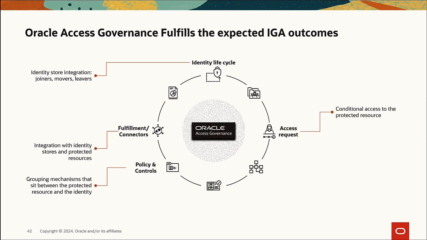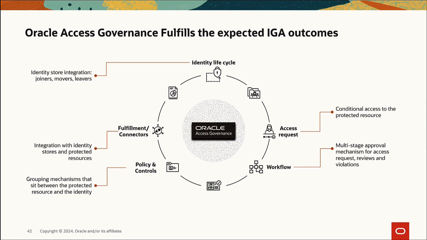Then you have this access request. The typical scenario would be, okay, fine, a user is onboarded. Now the user logs into the access governance console and says, okay, I want access to this access bundle. And that automatically triggers a fulfillment workflow, which involves multiple approvals.